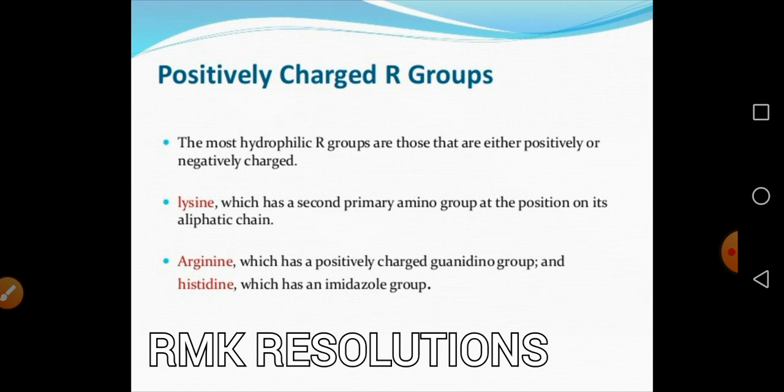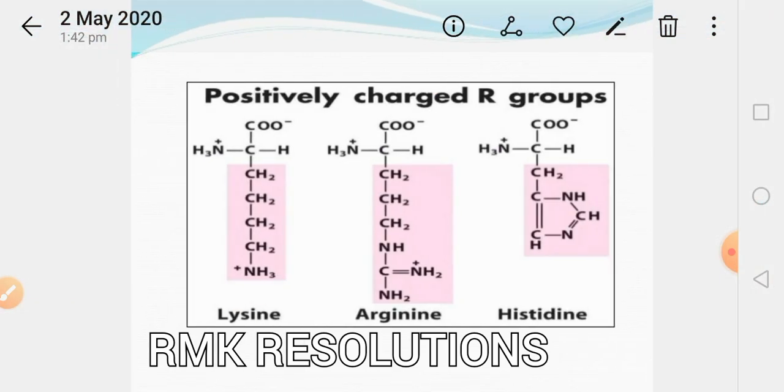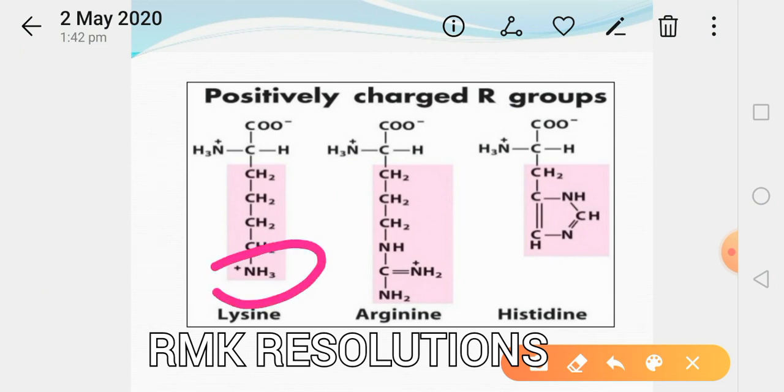The next class is the positively charged R groups. These amino acids are mostly hydrophilic. Obviously, polarity comes, meaning they are hydrophilic in nature, and they are positively charged amino acids. Here lysine has a second primary amino group on its aliphatic chain. You can see here lysine has a second amino group.